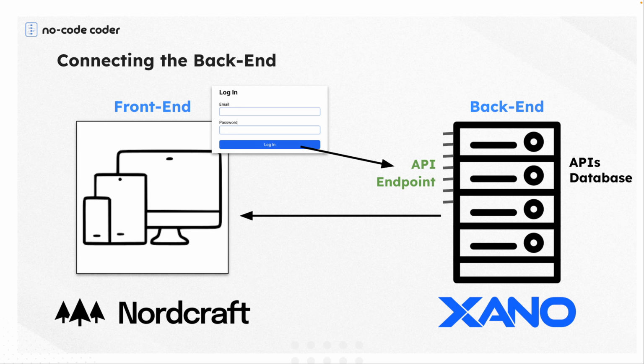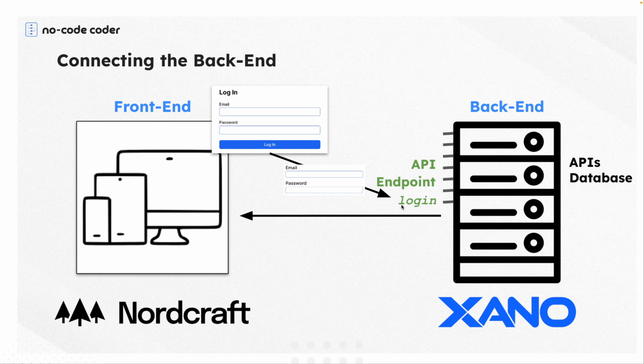So in Xano we have an endpoint called login. In the form, when the login button is clicked, it makes a request to the endpoint called login on Xano. Obviously, to be able to authenticate that user with the back end, we need to pass it the email and the password that they've entered into that form.